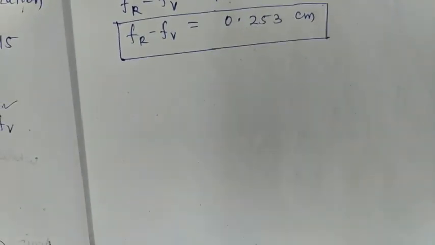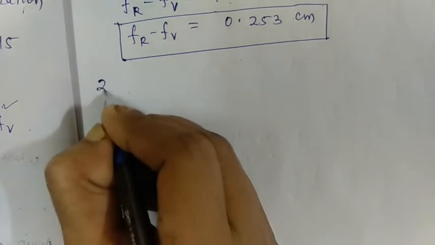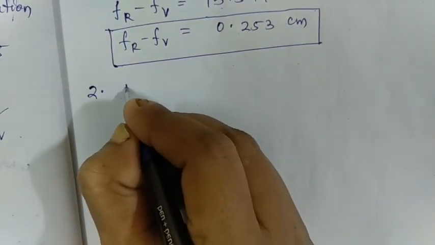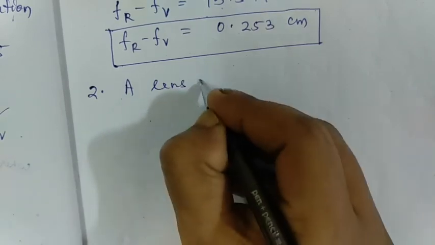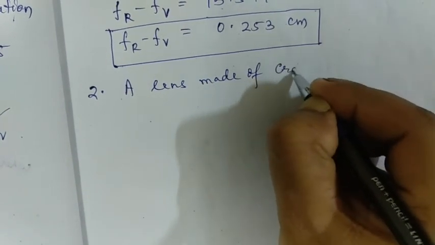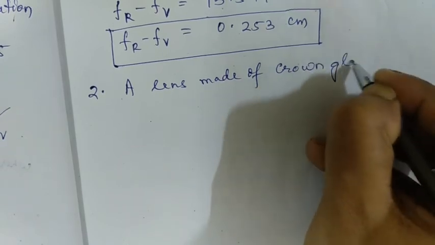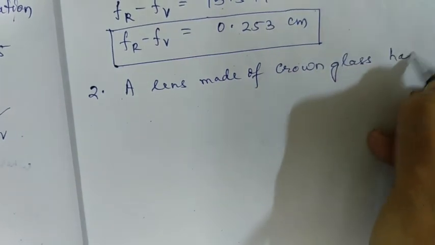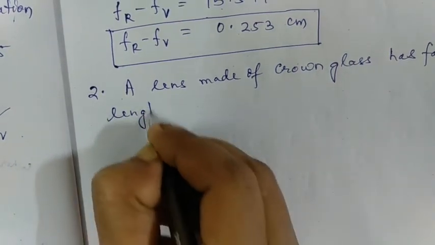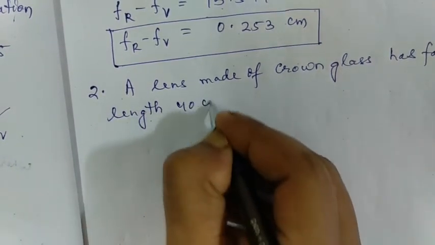Now next, the second question we are going to do. A lens made of crown glass has focal length 40 centimeter.